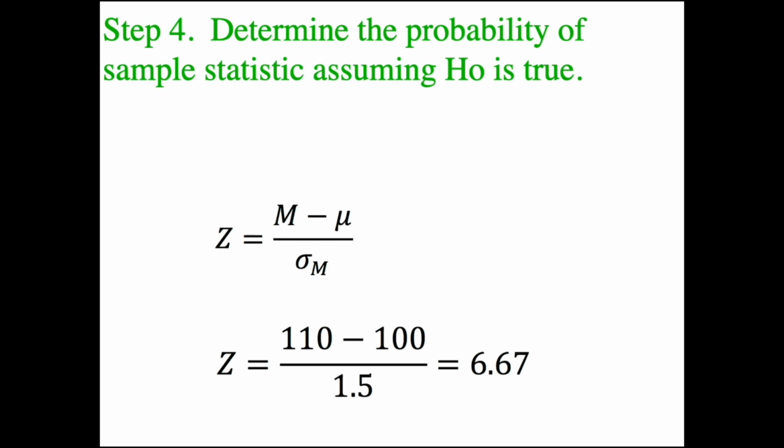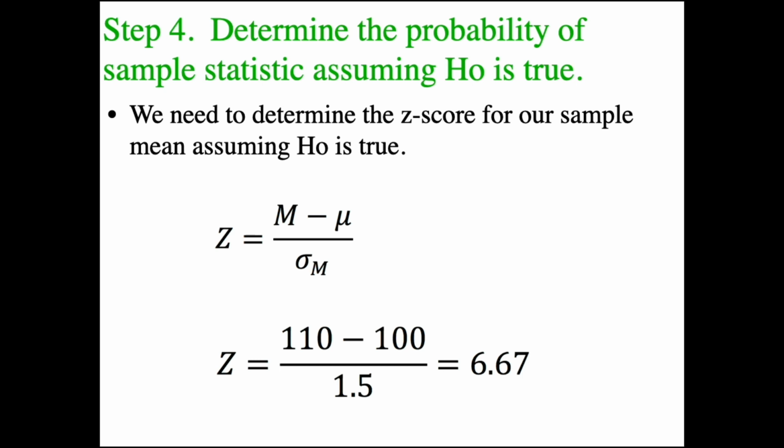That means I've translated Kirsty's sample mean of 110 into a z-score, given everything that was available in this problem. And that would mean her sample mean would be 6.67 standard deviations above the mean in this distribution of the means. So you can already tell that's pretty extreme.